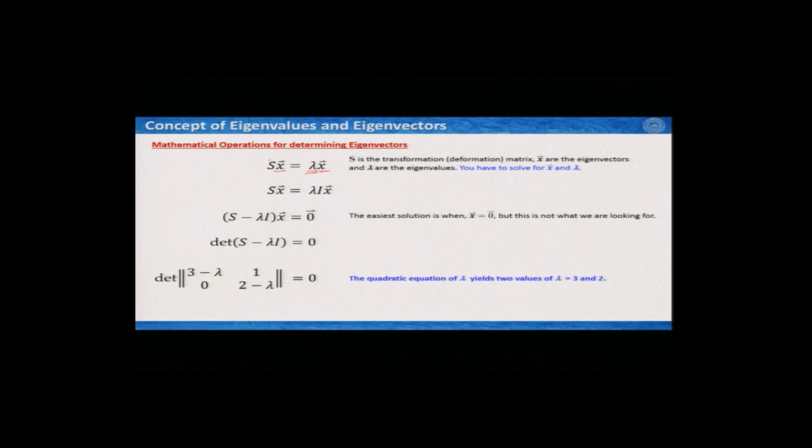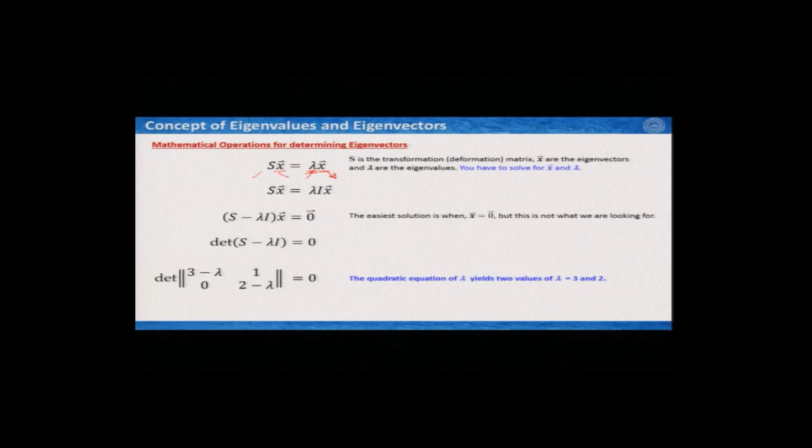So your transformation matrix multiplied by a very unique vector, which is your eigenvector, should be equal to your eigenvalue, which is a scalar term, multiplied with the same vector. Now here you may have a confusion that S is a matrix, x is a vector, and lambda is a scalar.